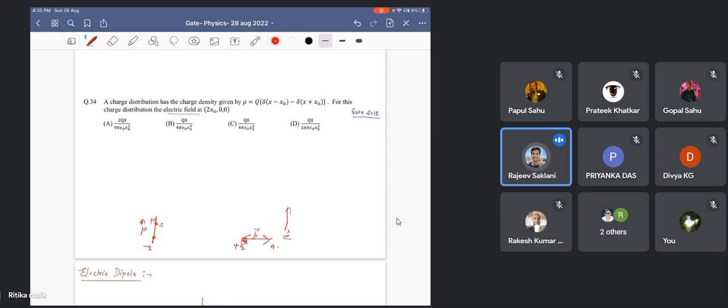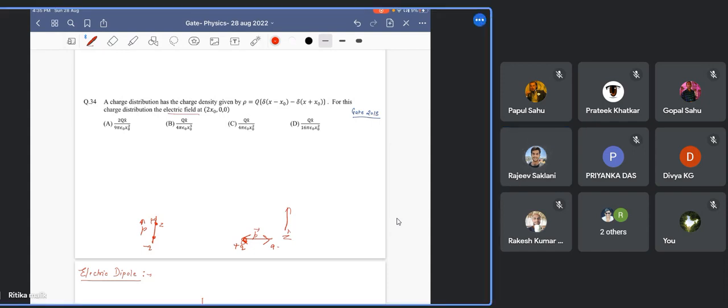Ma'am, will the direction of the electric dipole be from minus to plus or plus to minus? Electric field lines always go away from positive and towards the negative.